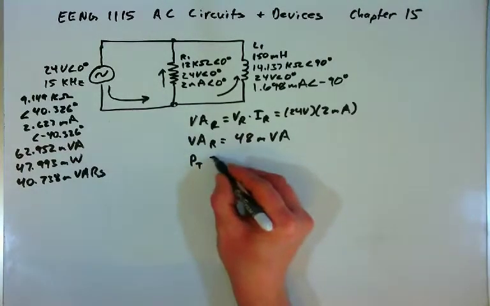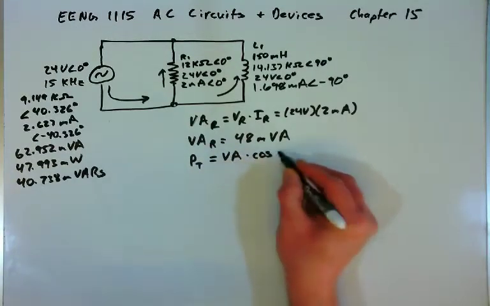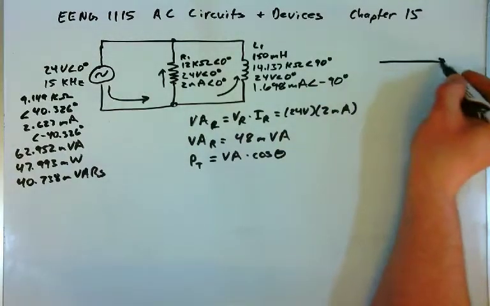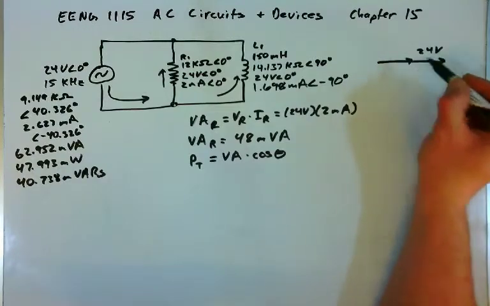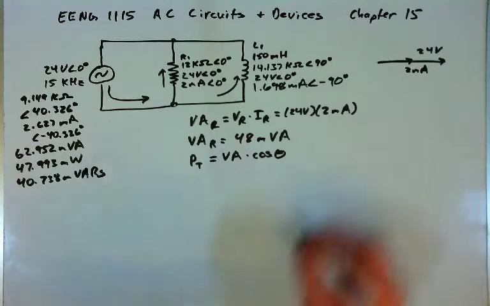Now, to find the true power of the resistor, we will take the volt amps and multiply by the cosine of the angle between the voltage and the current. Here they're in phase. We have 24 volts at 0 degrees, and 2 milliamps at 0 degrees, and the angle between them is 0.